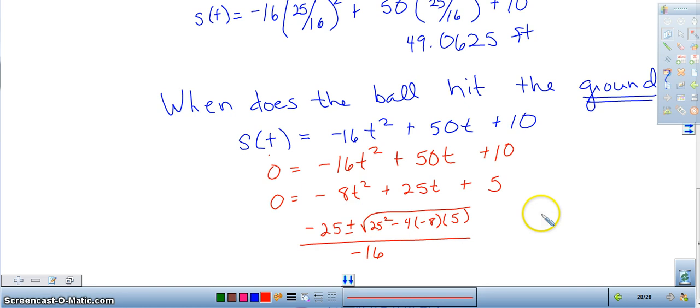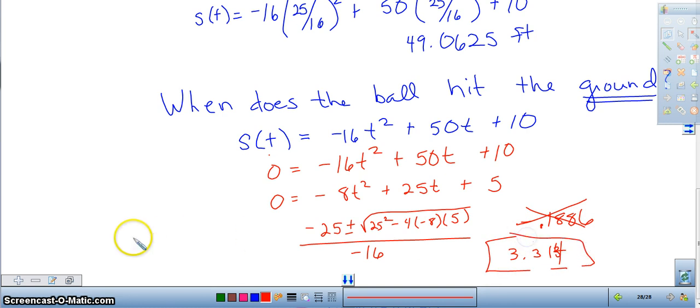When I do, I get two answers: negative 0.1886 or 3.3134, if you round it. Obviously, time's not negative, so it takes 3.3 seconds for the ball to hit the ground.